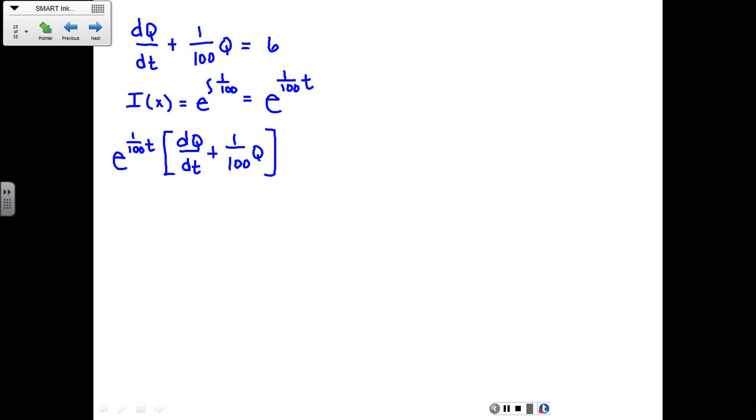Y'all can probably shorten it down yourself. If I multiply that by both sides, that's what you'll have. On the left, we know we get the derivative of the product. Integrate both sides.